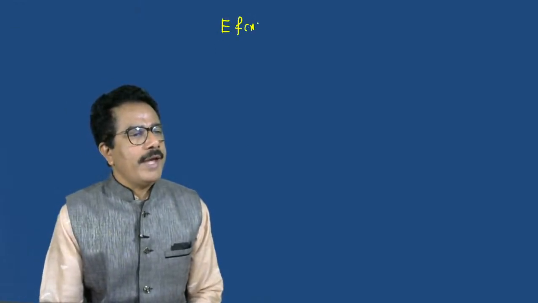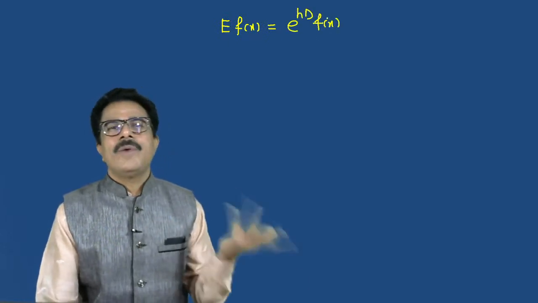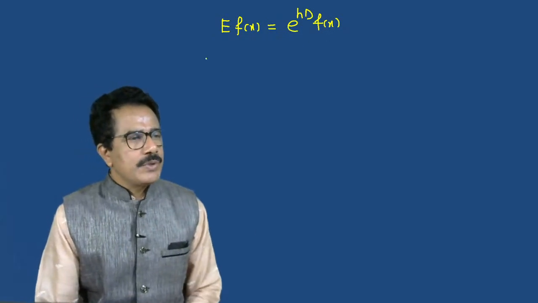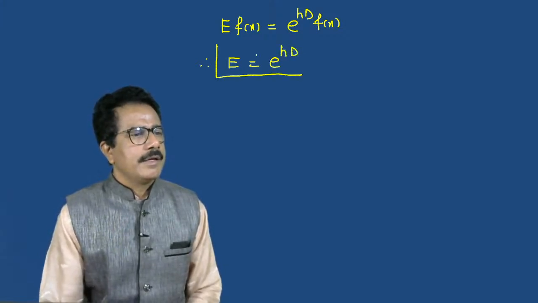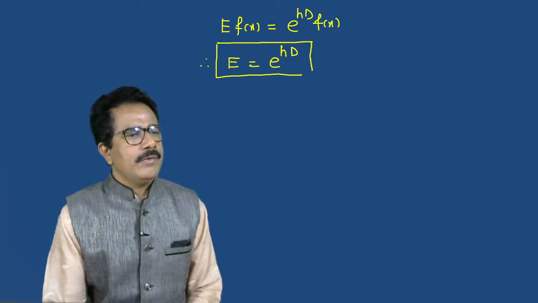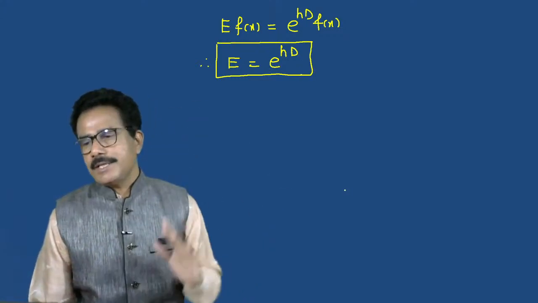So it is also known as E of f of x equals e raised to hD of f of x. Y of x same. So we can say that E is equal to e raised to hD. Okay, and hence proved: E is equal to e raised to hD.